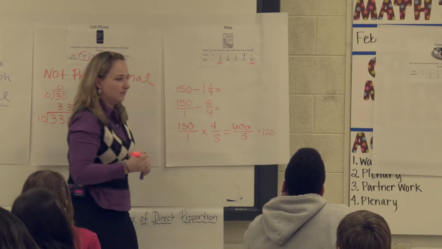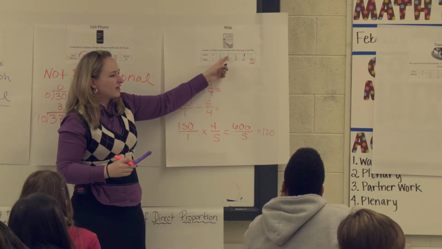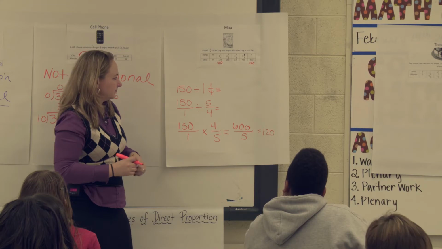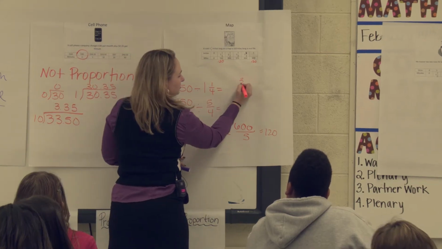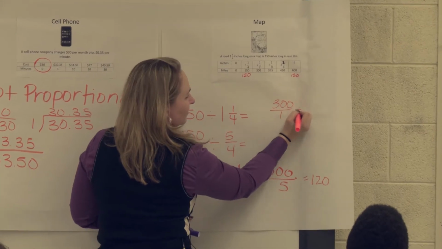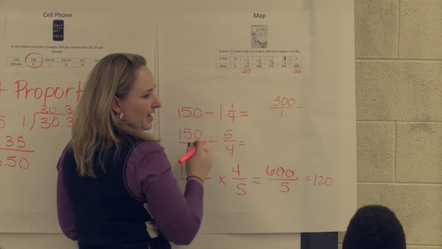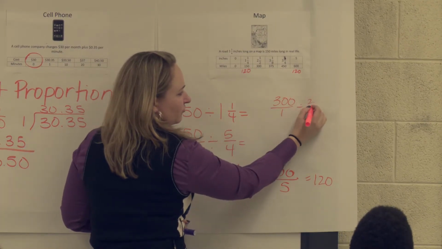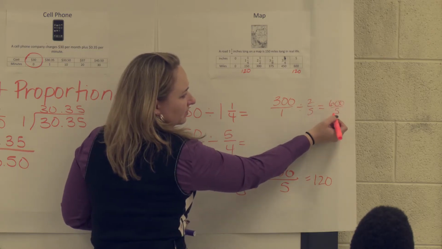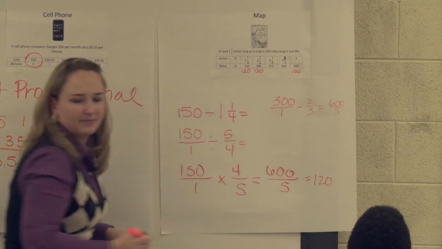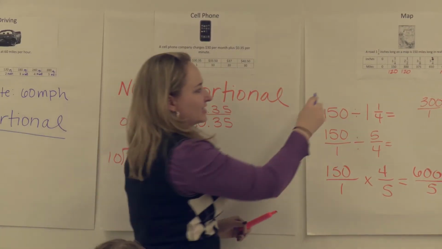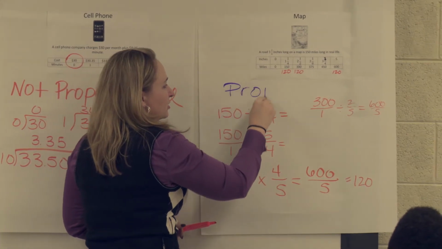So that one's the same. 300 divided by 2.5. What are we thinking? 300 over 1 divided by 2.5 is really 5 halves, right? So that's 2/5. So I get 600 over 5 again. What am I getting every time? 120. So what does that tell me? It's proportional. It is actually proportional, okay?